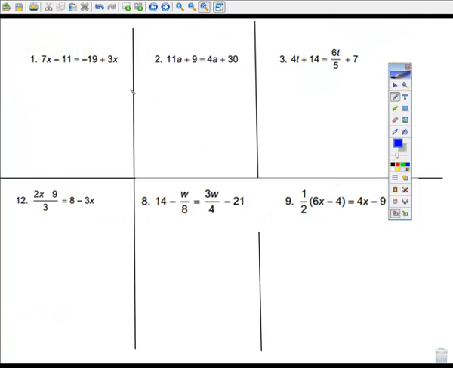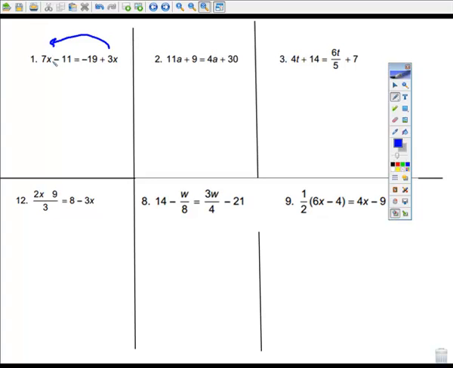So let's look. Here, our first equation, 7x minus 11 equals negative 19 plus 3x. Now, the first thing that I want us to do is go ahead and move the variable term to the left. I know you've done these before, and some of you might want to put the constant on the left.